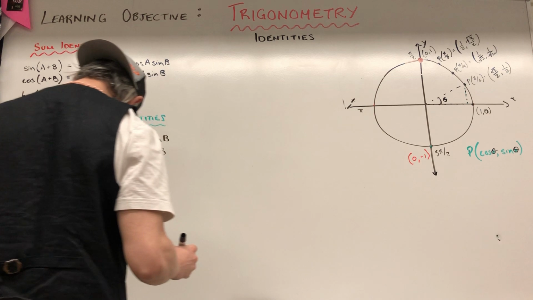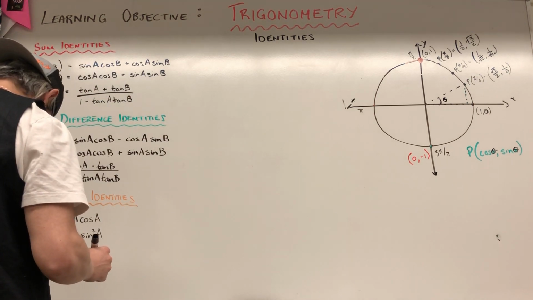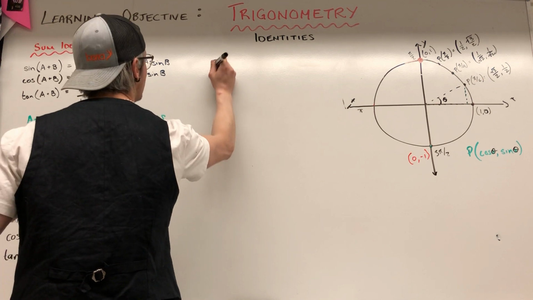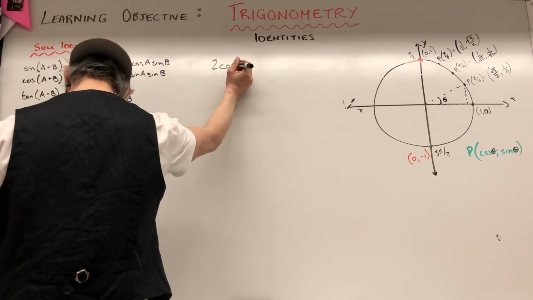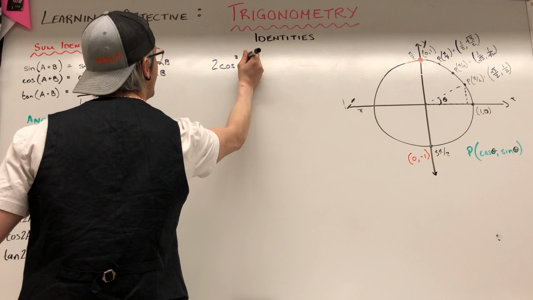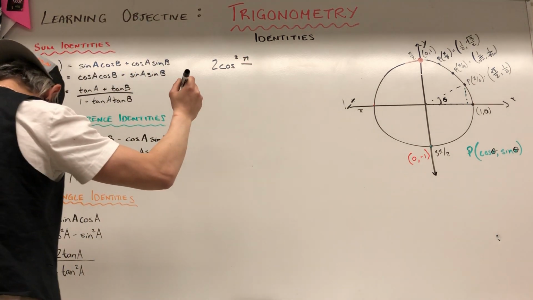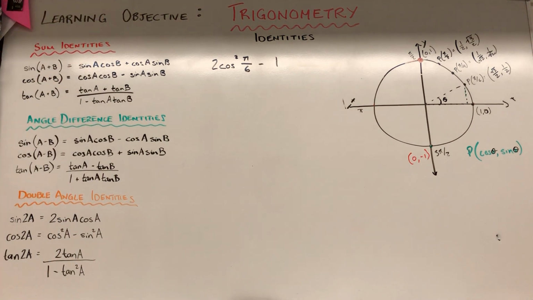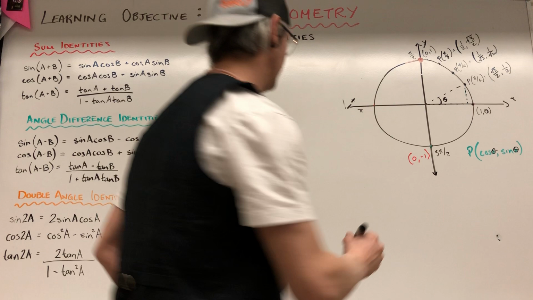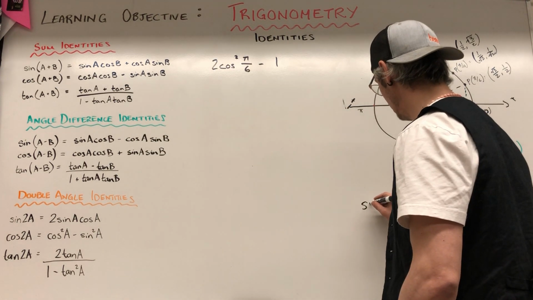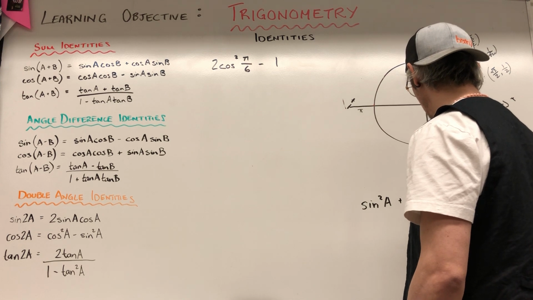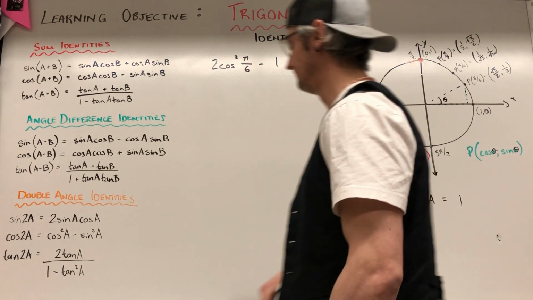Okay, this is D, so I'm going to do this one. This one you have to invoke one of the identities from the previous video, the Pythagorean identity. Specifically, we need to know that sine squared A plus cos squared A is equal to 1.